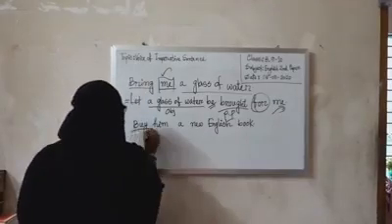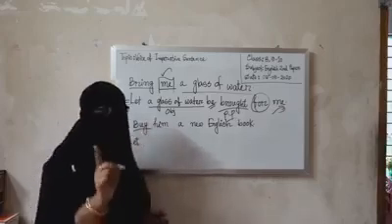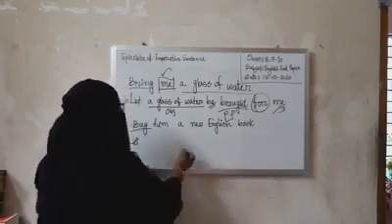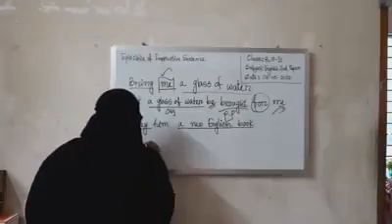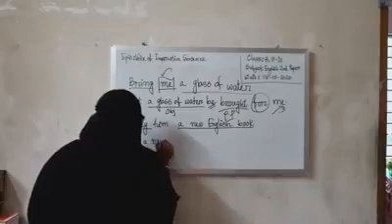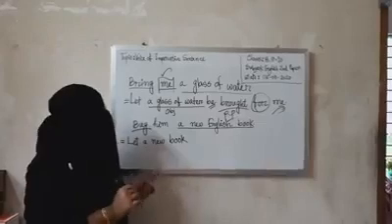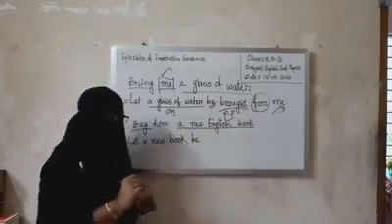Buy him a new English book. Firstly, we have to use let, not the main verb. Then we have to use the object of the sentence. Let a new book. Then we have to use be as well.